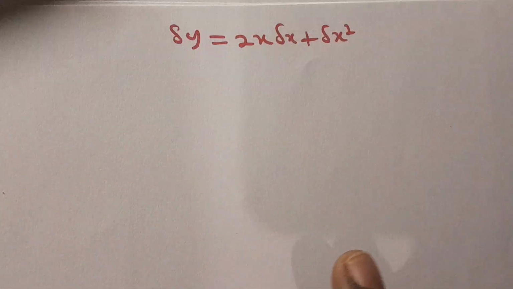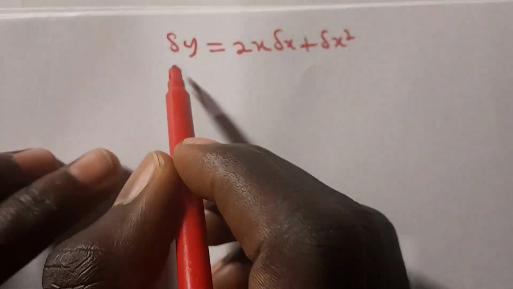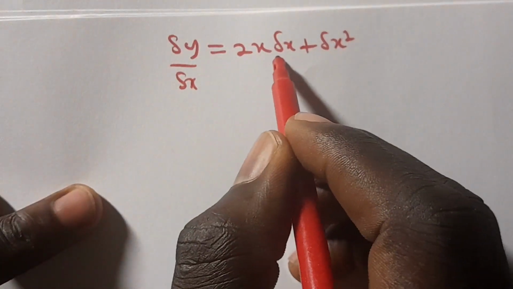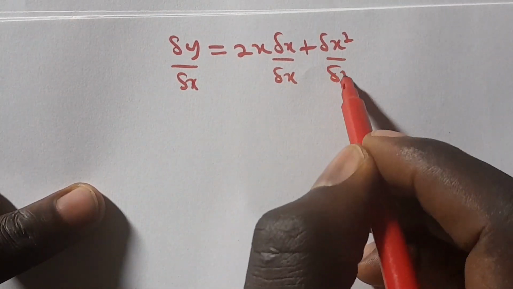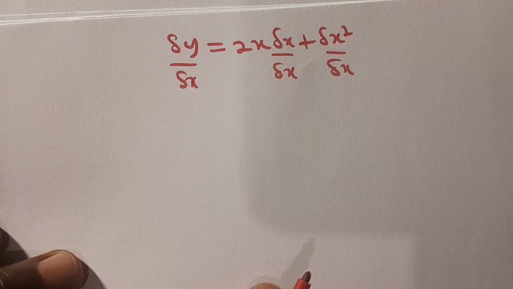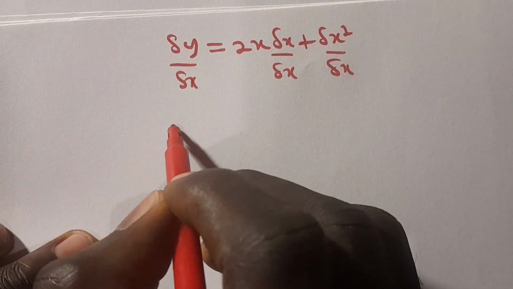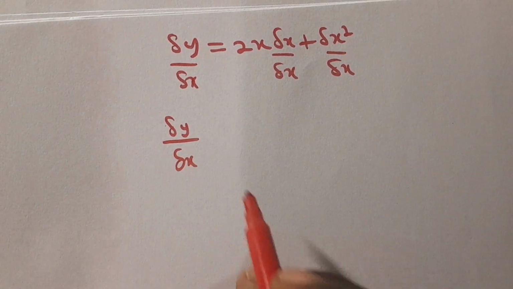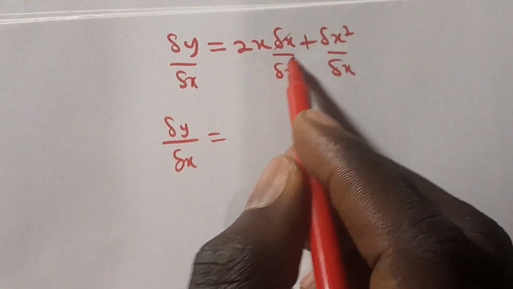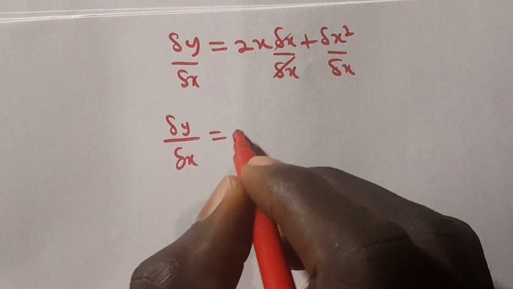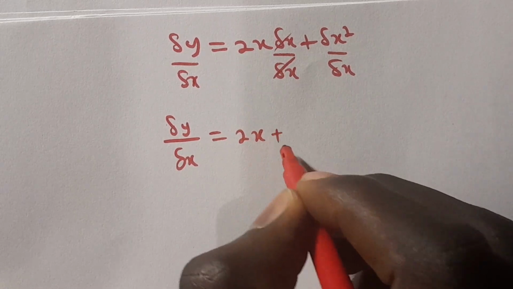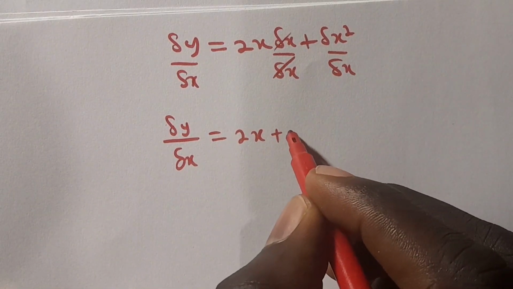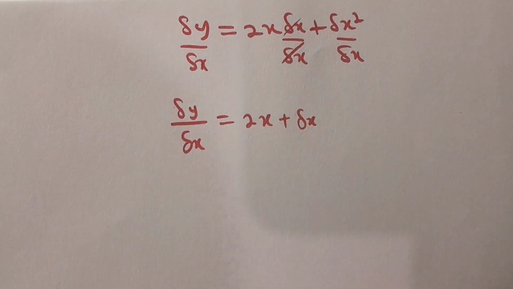So by dividing both sides by change in x, we have change in y over change in x, and for this we cancel, so we are going to have 2x plus, for this one, what remains is 1, so we have change in x.